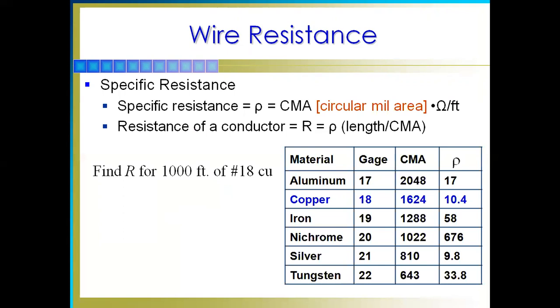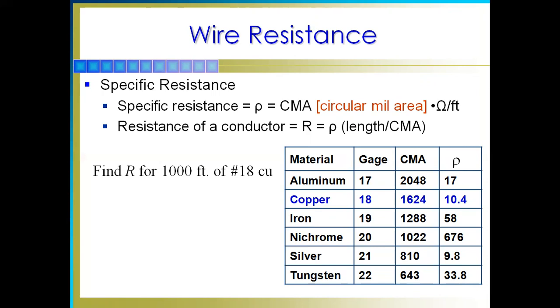Now, there are certain materials that have a specific resistance. Let us see the gauge and the specific resistance rho of particular materials. For aluminum, having a gauge of 17, its CMA is 2048.